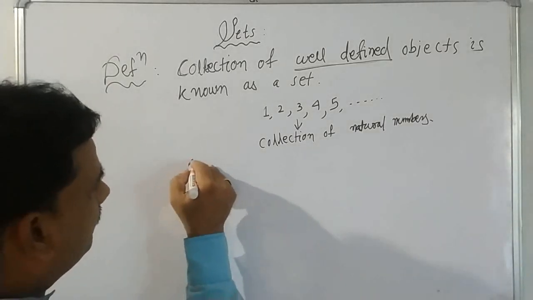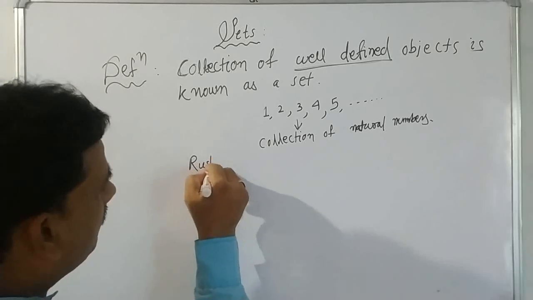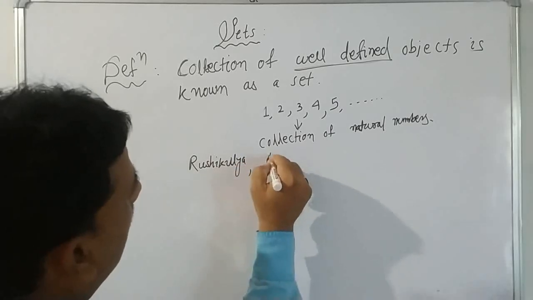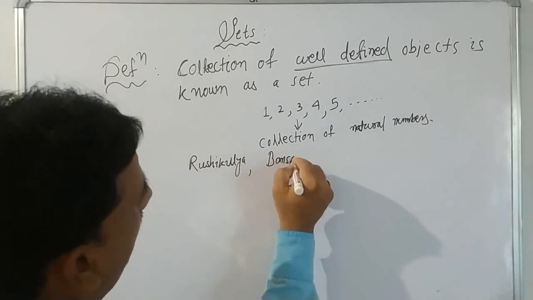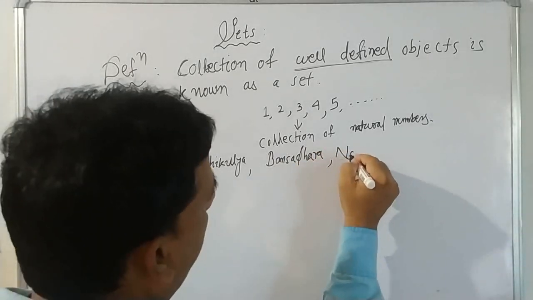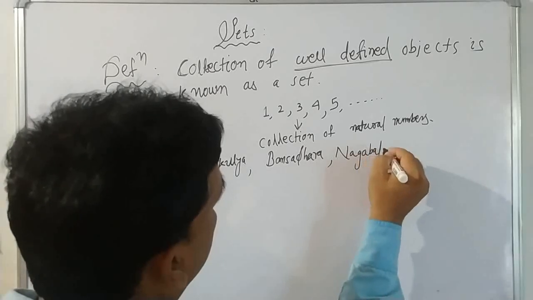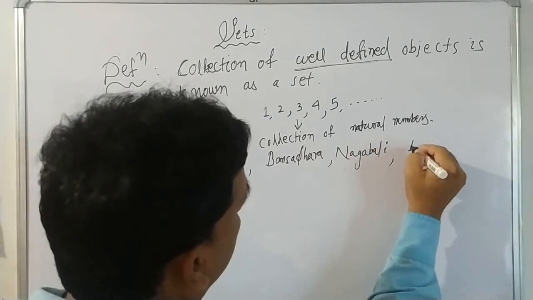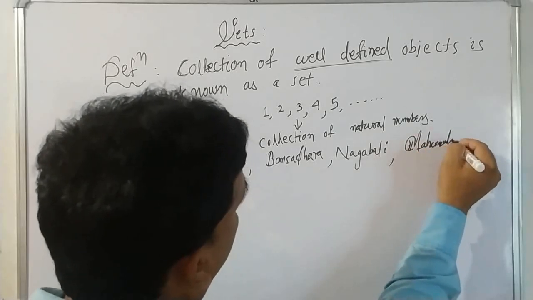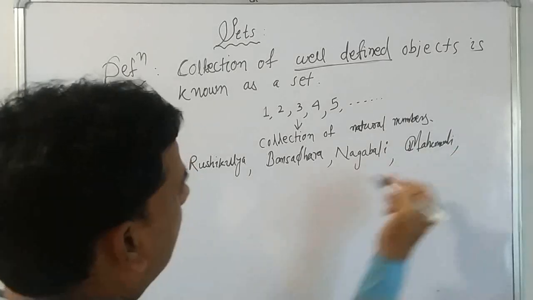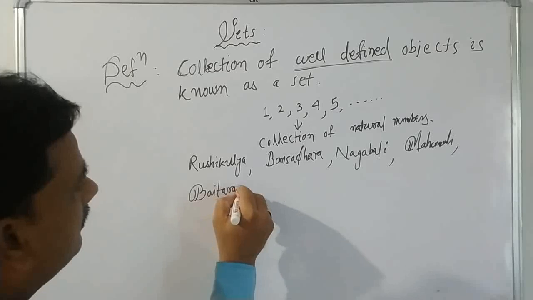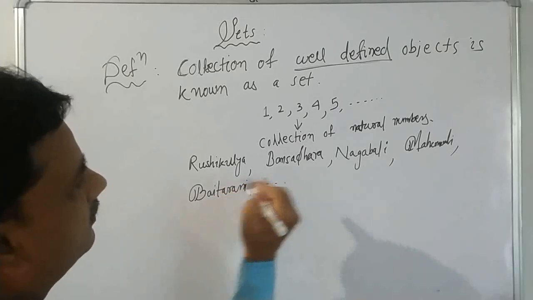Suppose I am writing Rushikulya, Vamsadhara, Nagavali, Mahanadi, Baitarani, and so on.